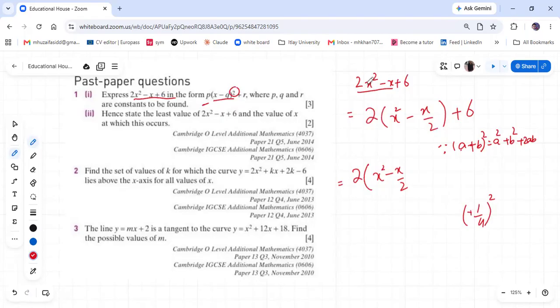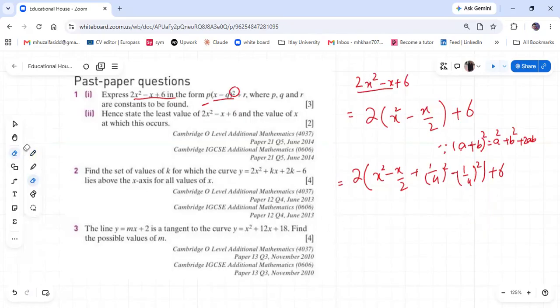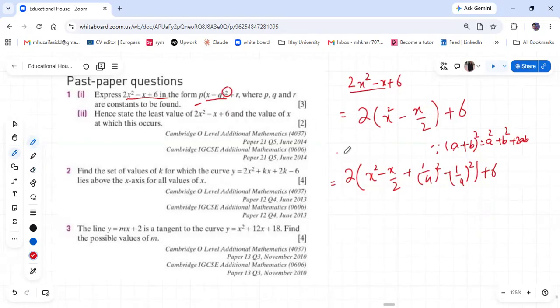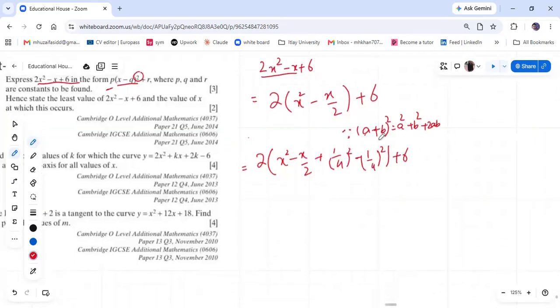Why are we adding and subtracting the 1 over 4 square? Look at it here, this is the 1 over 4 square, add and subtract, plus 6. Can you explain why I am adding 1 over 4 squared, and how can I know we can add this term? You can check it again. Basically, I'm working on this pattern.